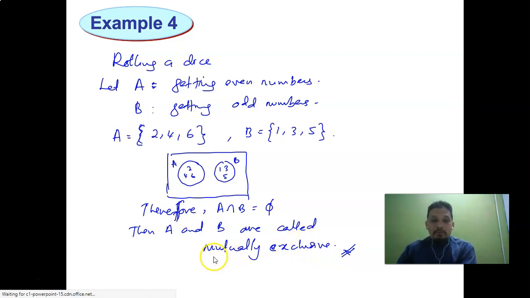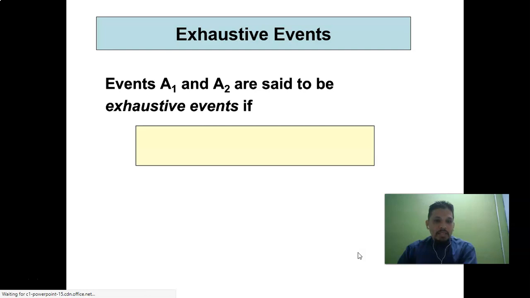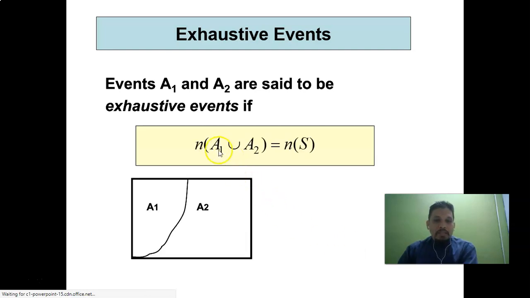Okay, so that is the term mutually exclusive. Okay, exhaustive events. Let's say events A and B are two exhaustive events if the union of these two events gives us the whole set, the master set of the event itself, equal to 1.